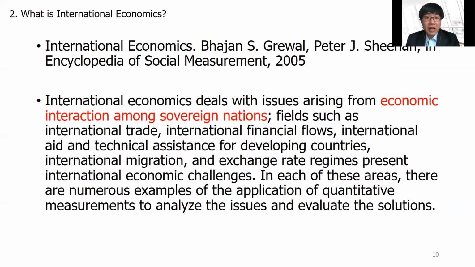So the authors say that international economics deals with issues arising from economic interaction among sovereign nations. So this is the important part. International economics is the economics of different countries, of course, right?